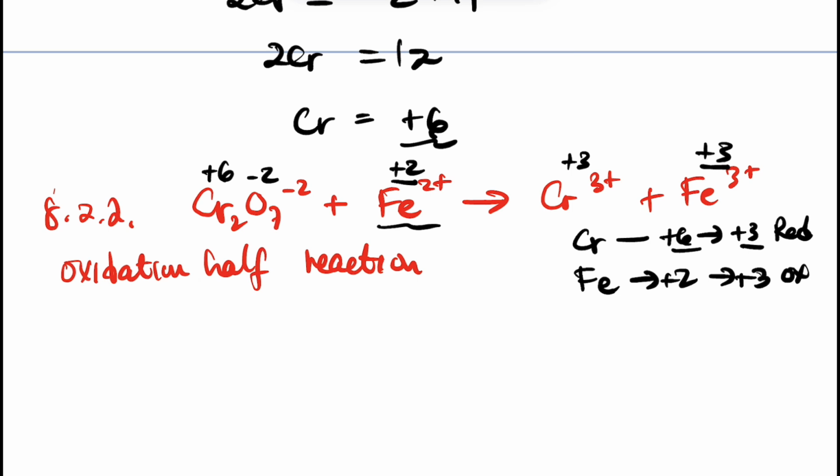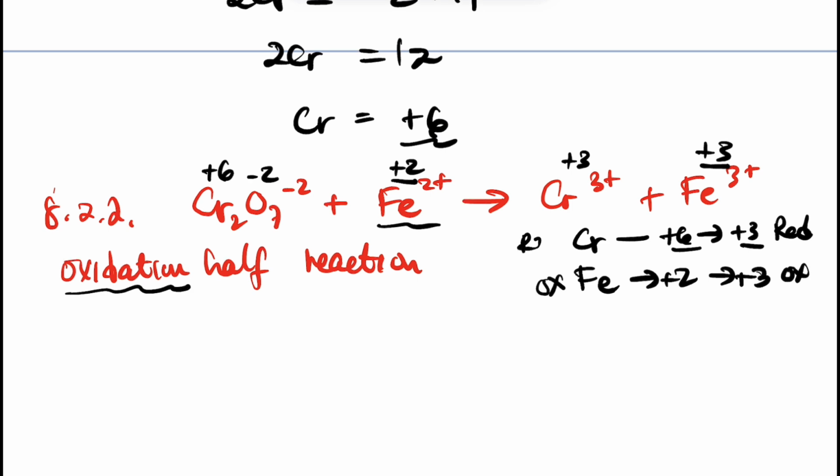So what are we going to do? We're going to write the oxidation. Remember, the oxidation occurs here, the reduction occurs here. So this is the oxidation half reaction: Fe2+ arrow Fe3+, right?